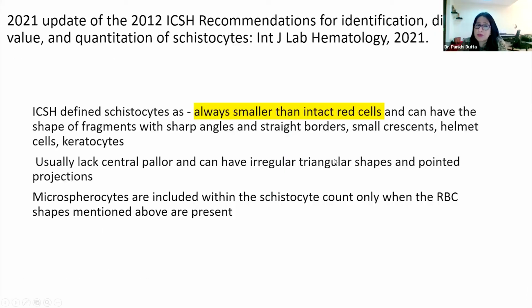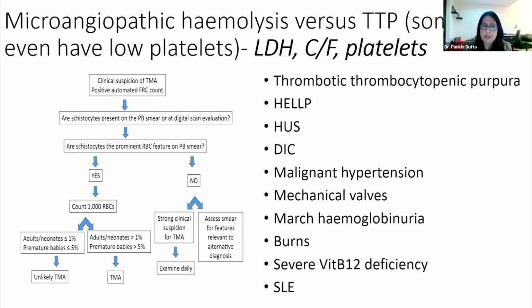And also, to say that fragmentation is the main issue, schistocytes should be the most prominent abnormality in the peripheral blood film, because some amount of fragmentation can be seen in so many situations. To be specific, to say that this is a microangiopathic hemolysis, one has to be aware that this is the main abnormality on the peripheral blood.